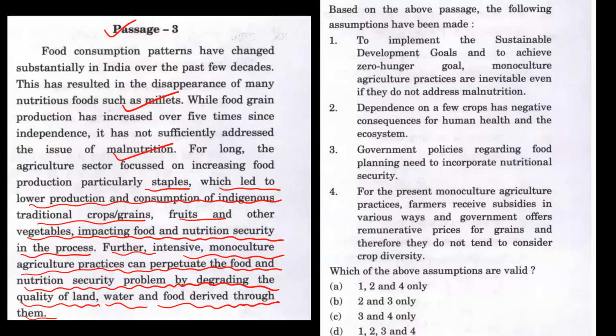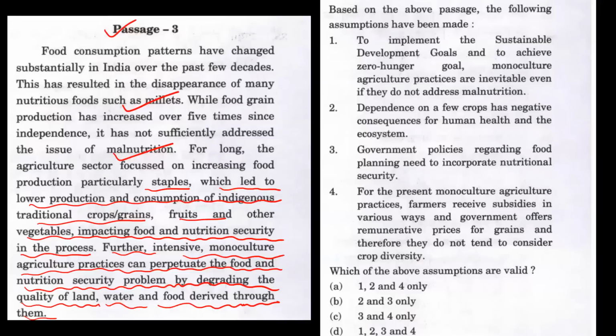We have ignored fruits and vegetables, and that has adversely impacted the nutrition security of the country. Further, it says that intensive monoculture has degraded the land, soil, and food. This is what the passage is all about.